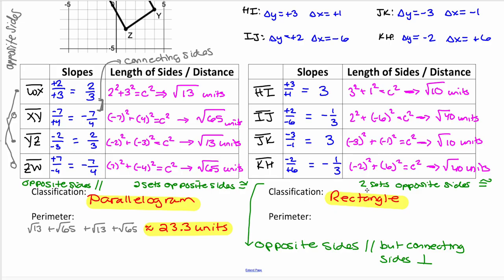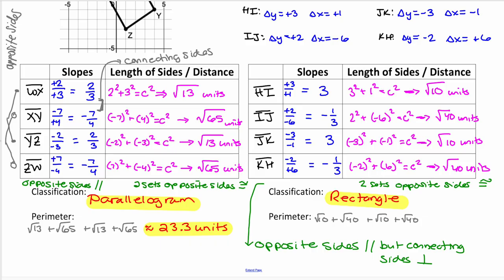Our last thing to do on this problem is to find the perimeter, which is adding up all the sides, which is the square root of 10 plus the square root of 40 plus the square root of 10 plus the square root of 40. Again, do not simplify these ahead of time, or do not put them as a decimal ahead of time.